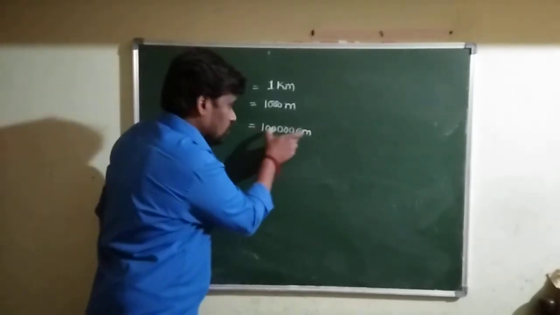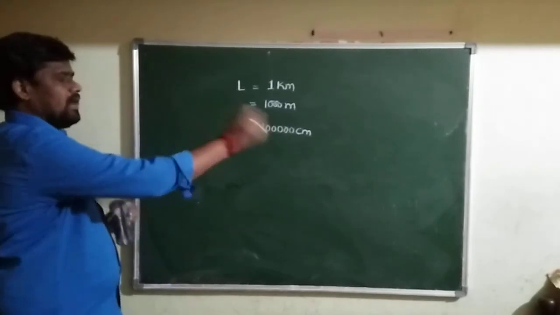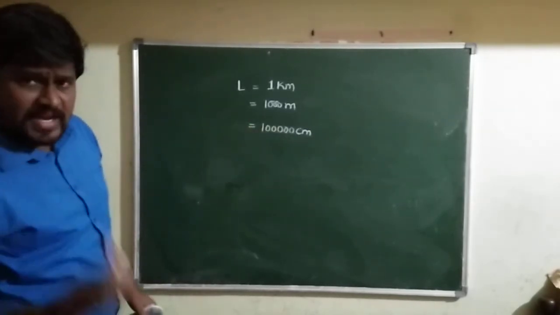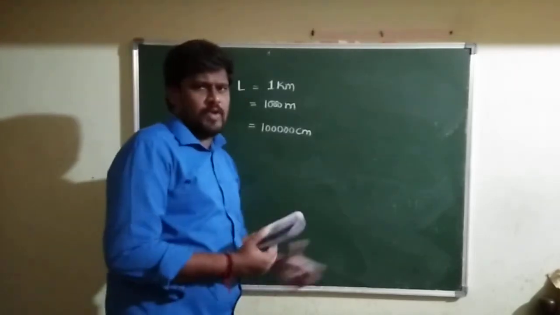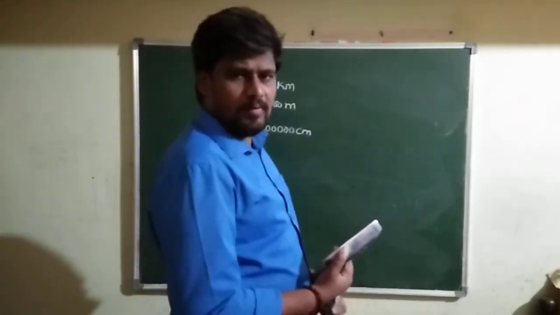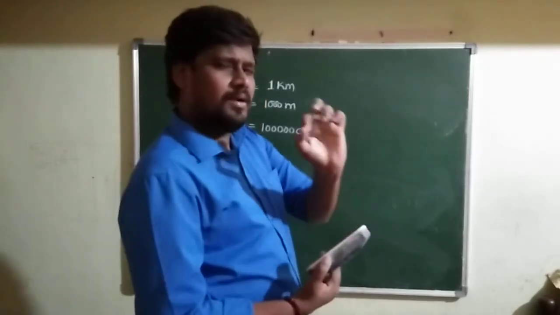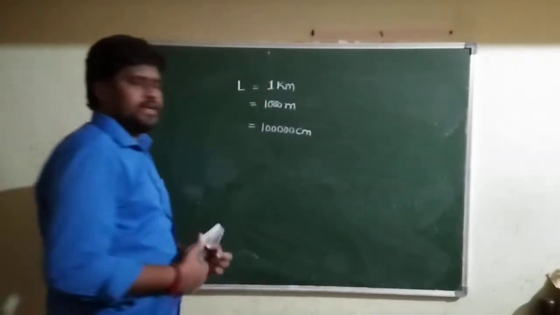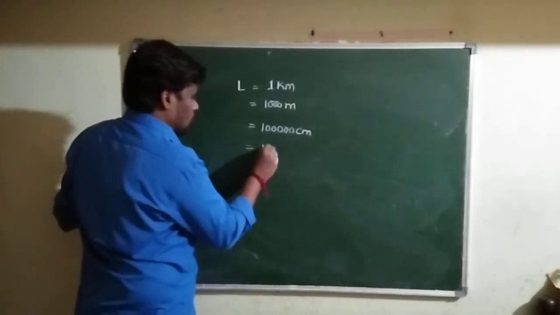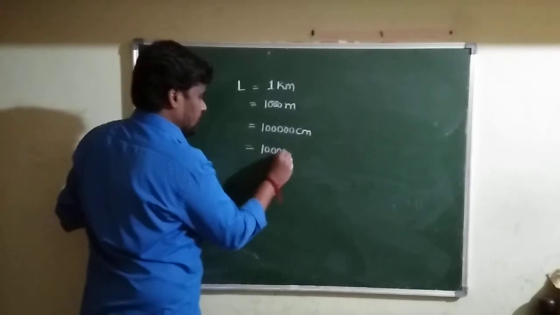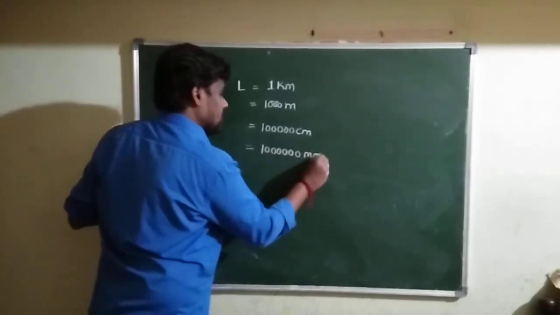If you want to write the length in centimeter, it should be 1 lakh centimeter. Next I want to write the same value in millimeter. How do you write the same value in millimeter? You know very well, 1 centimeter is 10 millimeter. Therefore it should be 1, 2, 3, 4, 5, one more 0, that is millimeter.